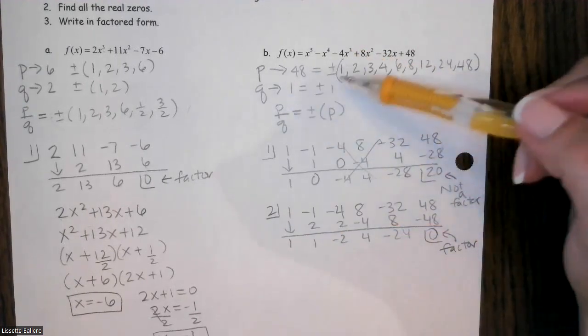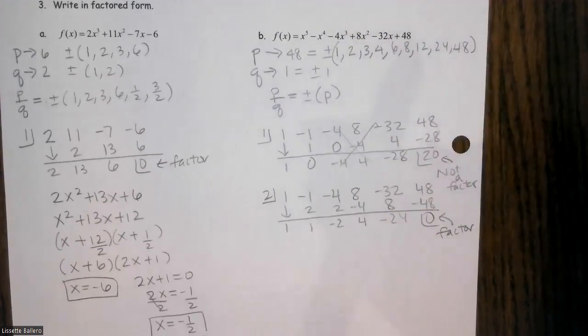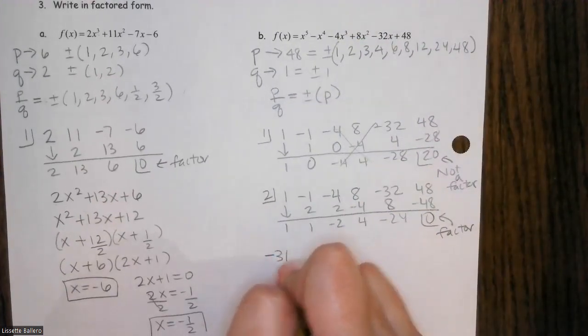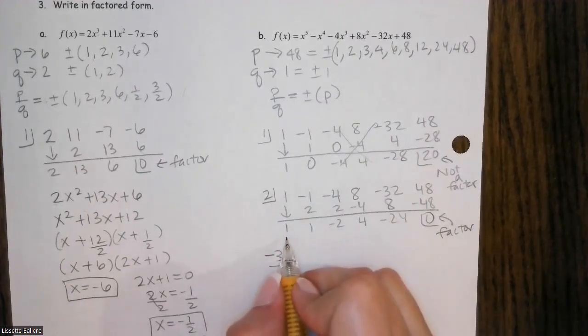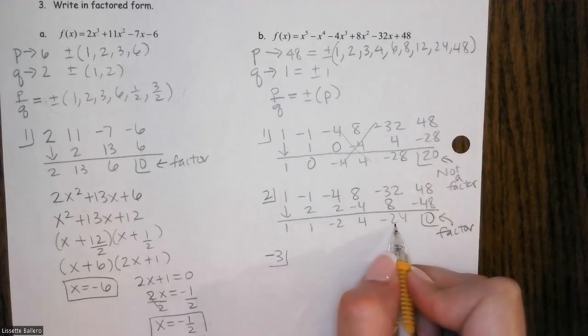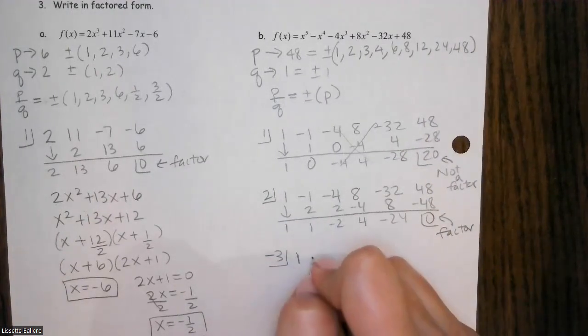Now, we still can have several different solutions that come out of this. And so I'm going to go ahead and tell you -3 is another one. So we're going to use that one so I can show you how it continues to go down. I would now use these right here to get it lower because that one was already a factor. We've taken it down. No point in starting back at the beginning.